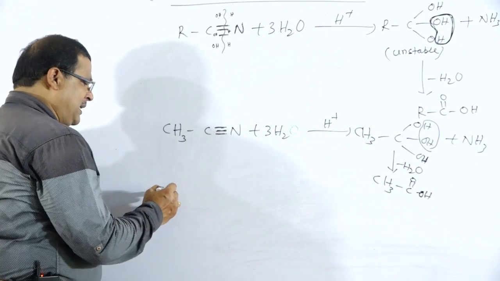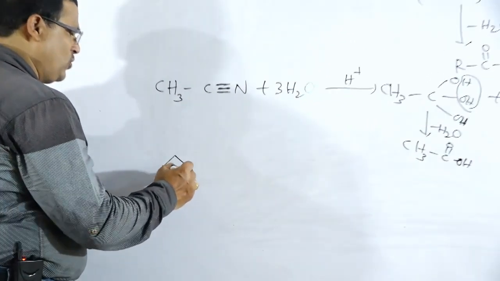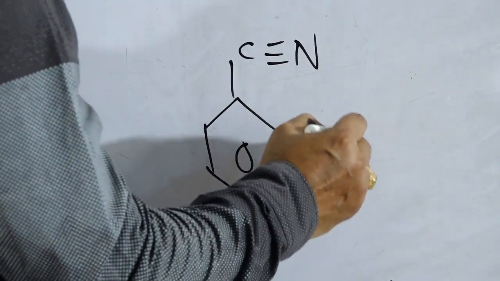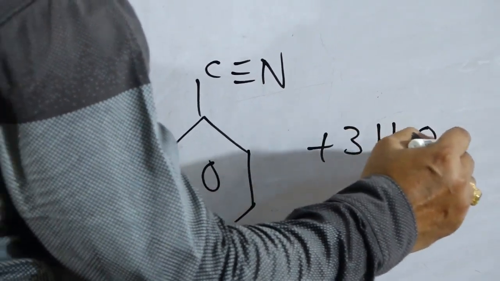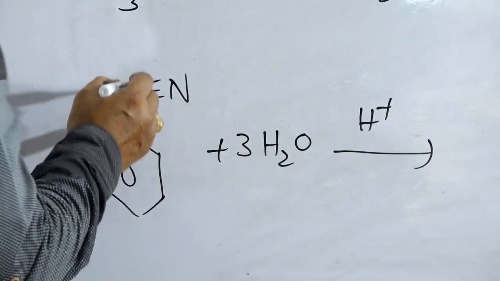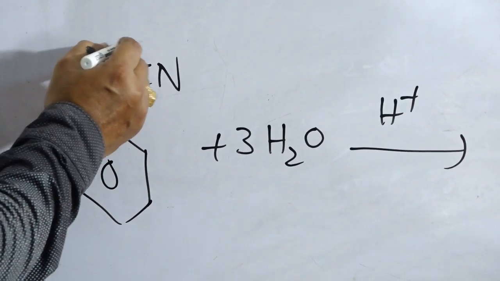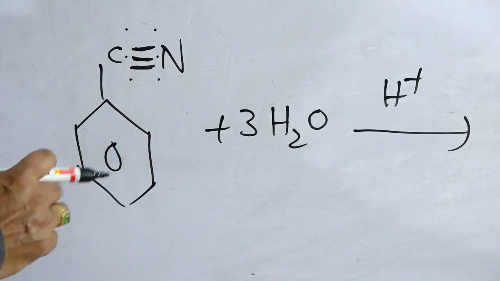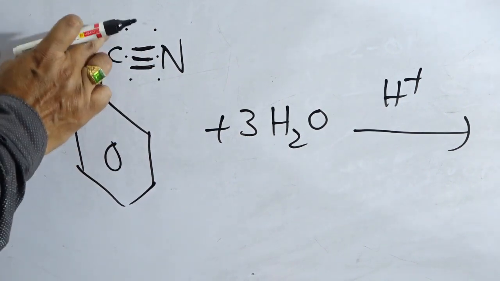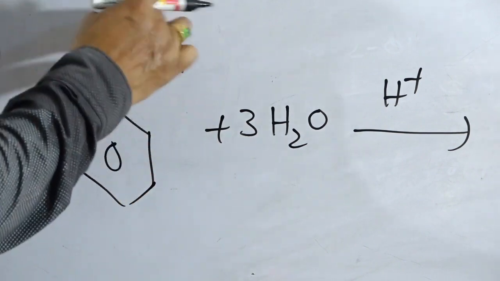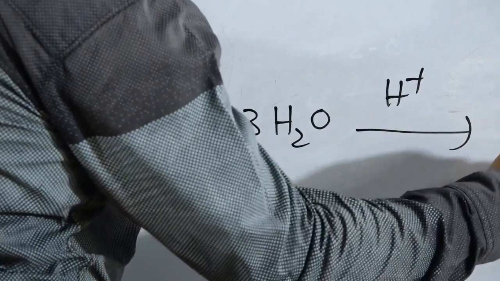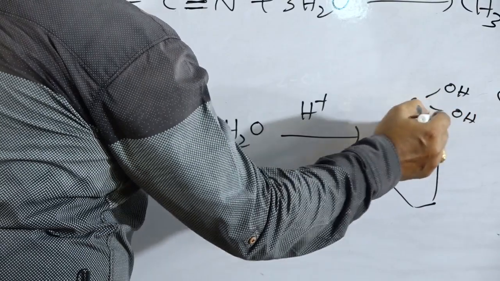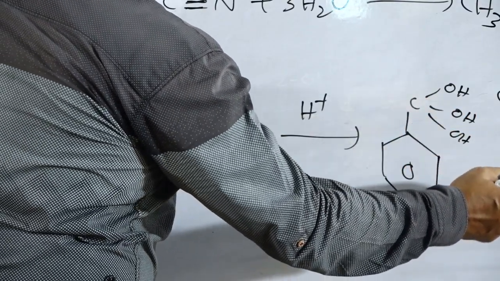Similarly, if we take phenyl cyanide or benzonitrile, C triple bond N, treated with water in acidic medium, this bond will break by the addition of OH and H, again OH and H, again by the addition of OH and H. So benzene that contains C(OH)3 plus NH3.